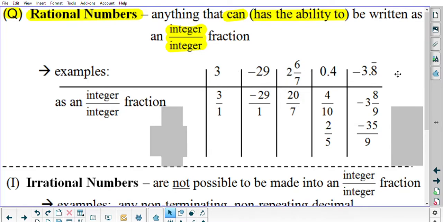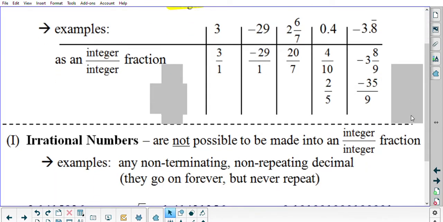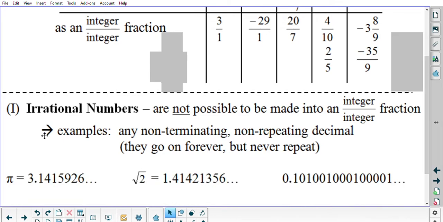So almost every number that you've seen so far in your lifetime can be classified as a rational number. But there are examples of irrational numbers, numbers that are not possible to be made as an integer over integer fraction.